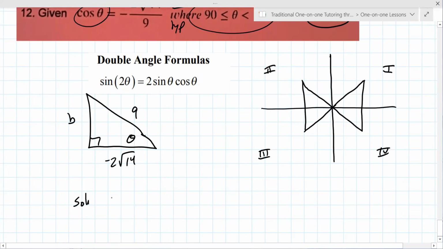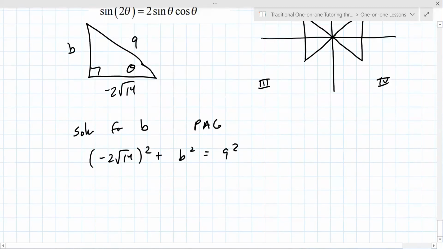You want to solve for b. So that's the Pythagorean theorem: minus 2 square root of 14, squared, plus b squared equals 9 squared. That's 4 times 14, 56, plus b squared equals 81. B squared equals 25, so b equals 5.